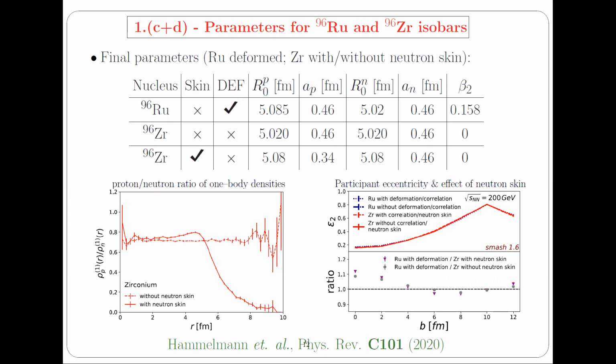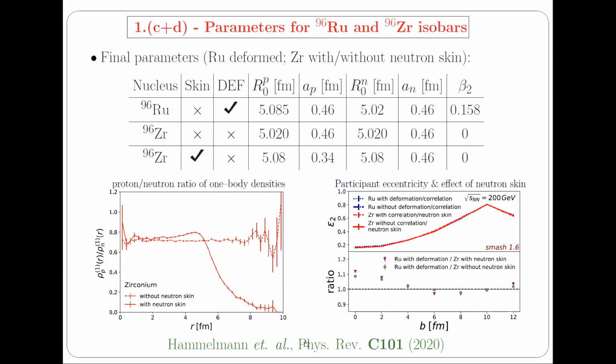And so we get results. The left figure shows the difference with and without neutron skin as the ratio of the proton to neutron profile.